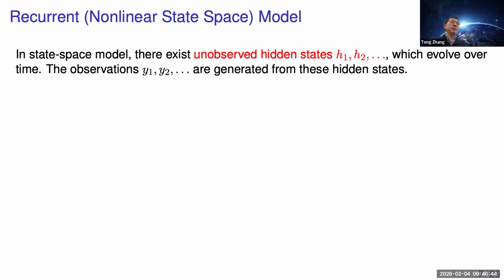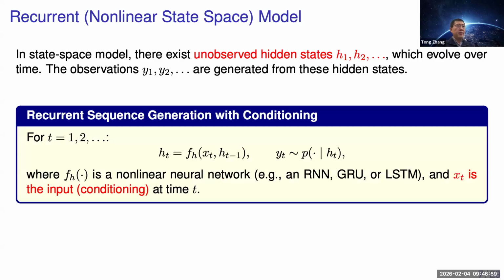So what happens for the recurrent models? You do have unobserved states in the recurrent model, and essentially the observations depend on these states. So the recurrent model has a function, and this is your neural net. It takes the current inputs and the previous recurrent state, and gets your current recurrent state.